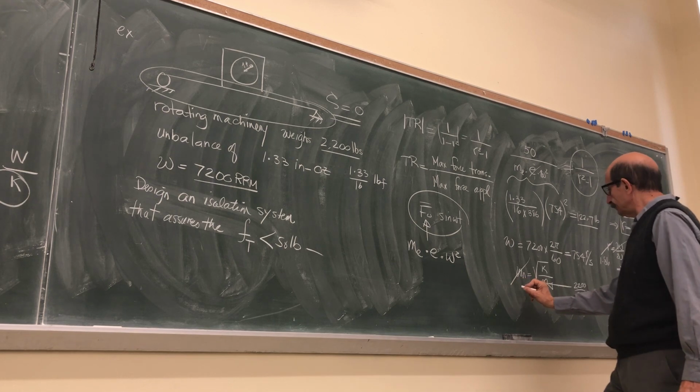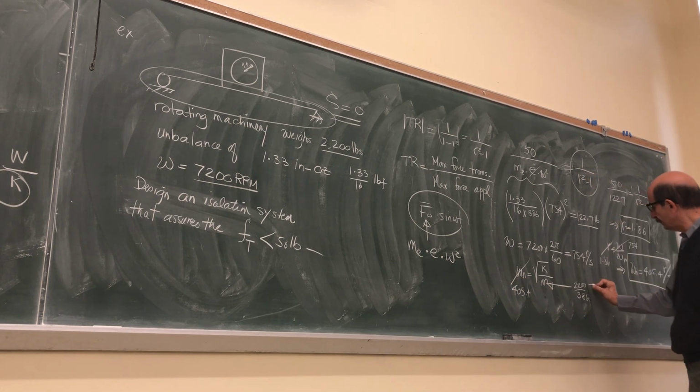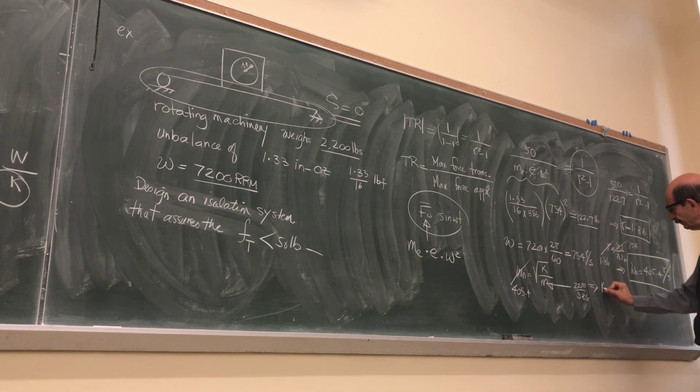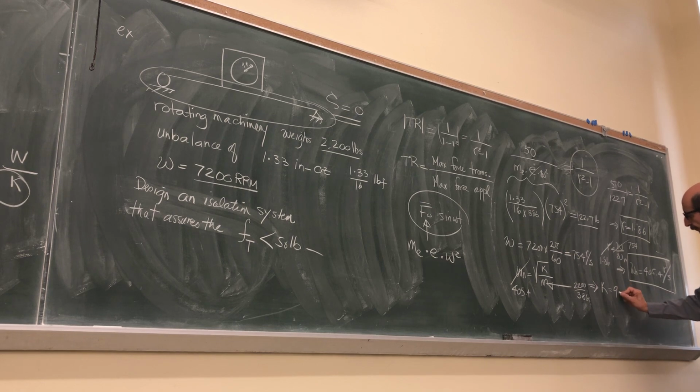Omega n is 405.4. You get the stiffness, which comes out to be 9.37 times 10 to the 5 pounds per inch.